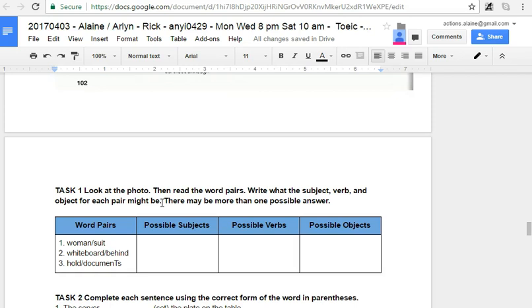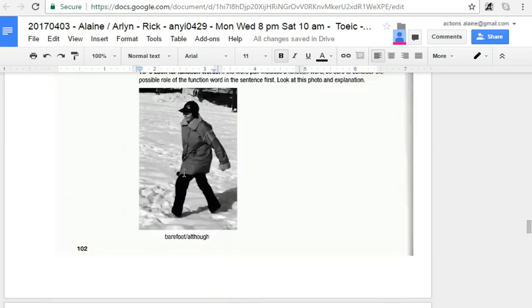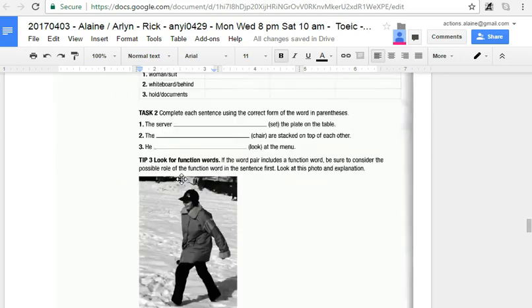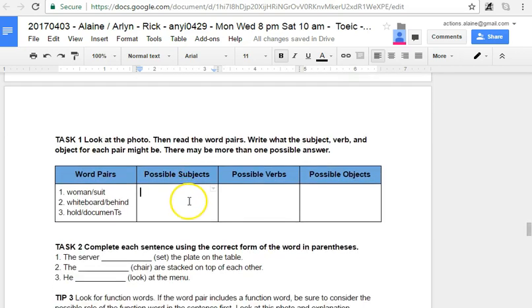Write what the subject, verb, and object for each pair might be, and there will be more than one possible answer. Do you know how to do it? May I use the word to make a sentence, right? Very good. But you have to categorize it first in this box, for possible subjects, possible verbs, and possible objects. Now, I want to know, how do you identify subjects from objects?